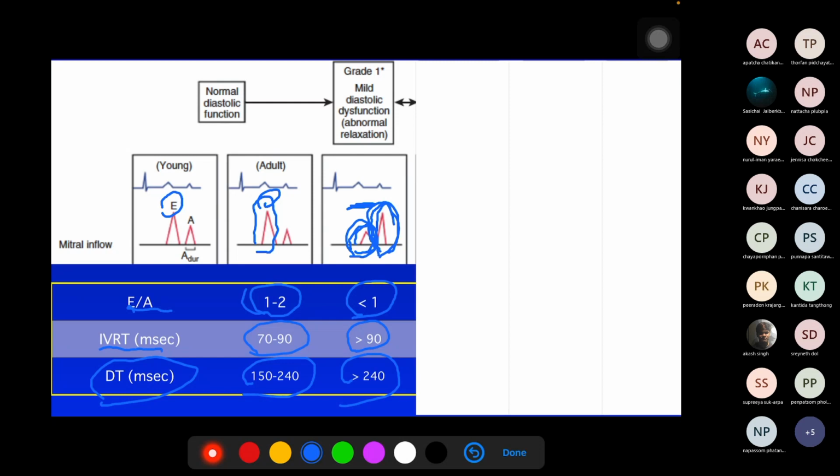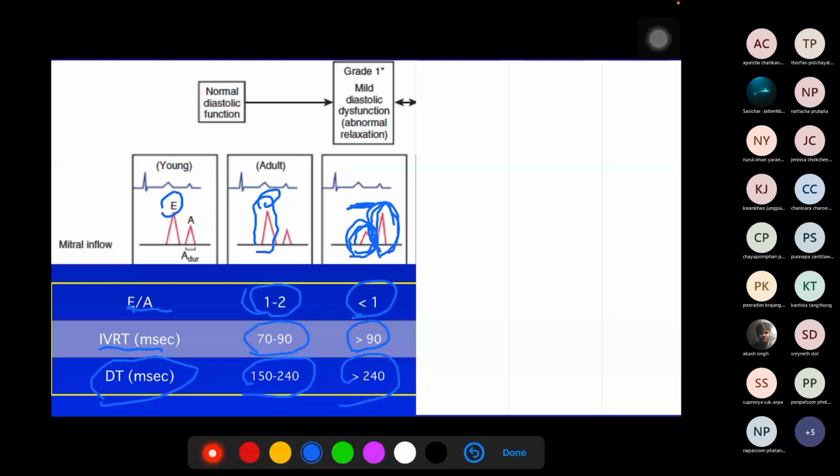for grade 1, after the long term of grade 1 diastolic dysfunction, you see the LA volume is increased and the LA pressure is increased, because of back pressure to the LA when the LV has abnormal relaxation.